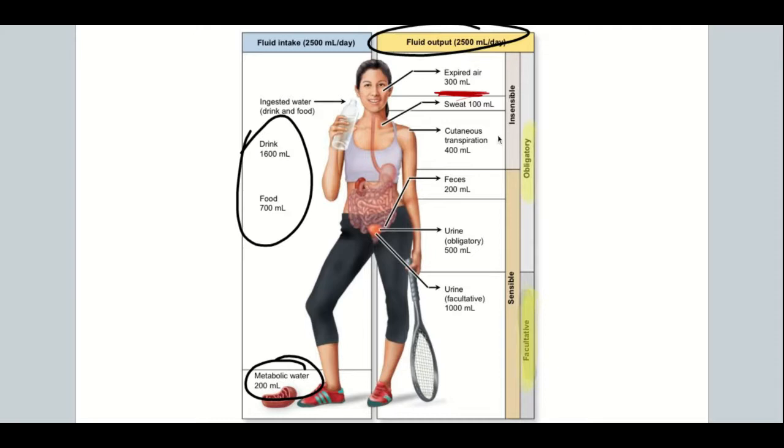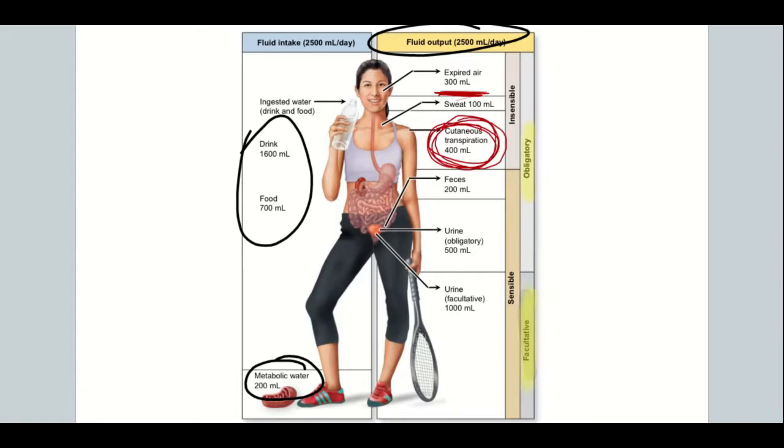We do lose some water through sweat. Obviously, how much would differ, depending on your physical activity and various other things. We also lose quite a bit of water through cutaneous transpiration. That's this thing right here.